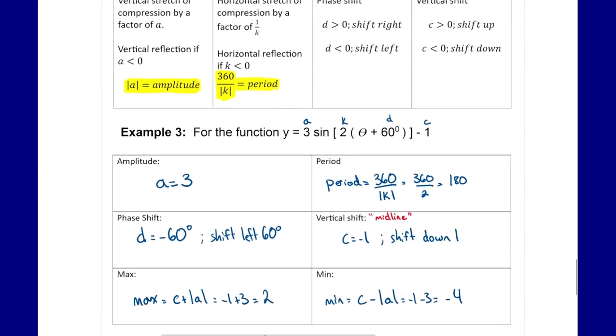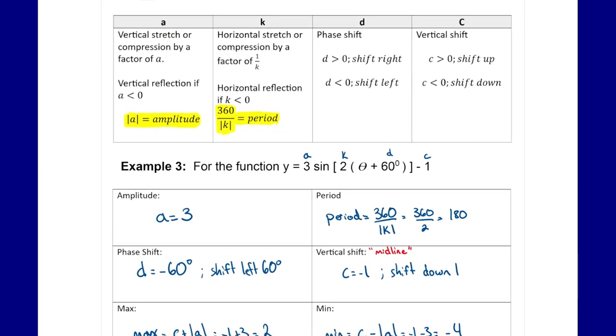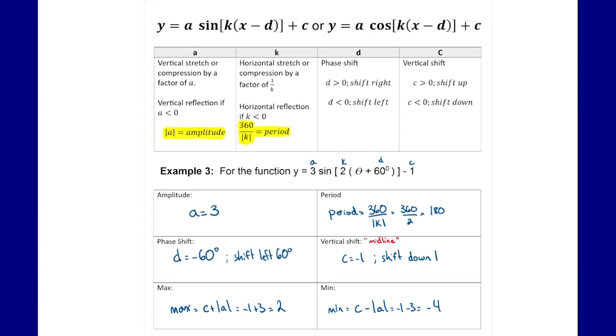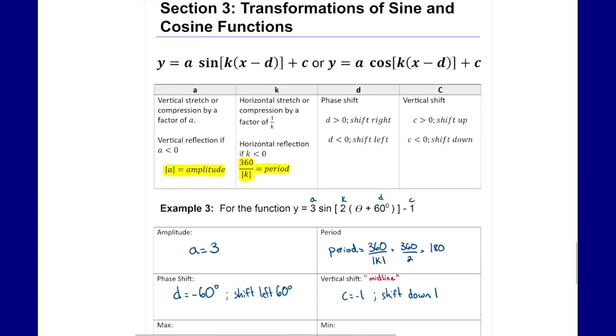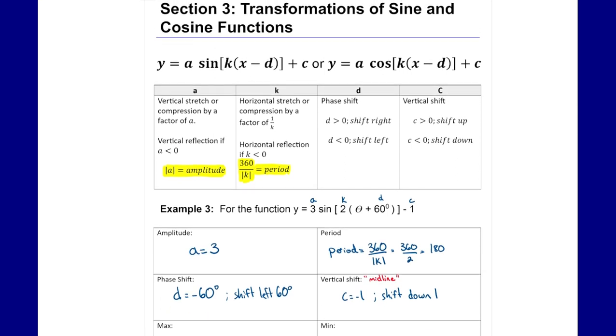But again, the main thing from this lesson is just to understand what the sine and cosine functions look like, recognizing that they are periodic functions, understanding what the properties or the characteristics of those functions are, and then understanding that we can have transformations of sine and cosine functions.